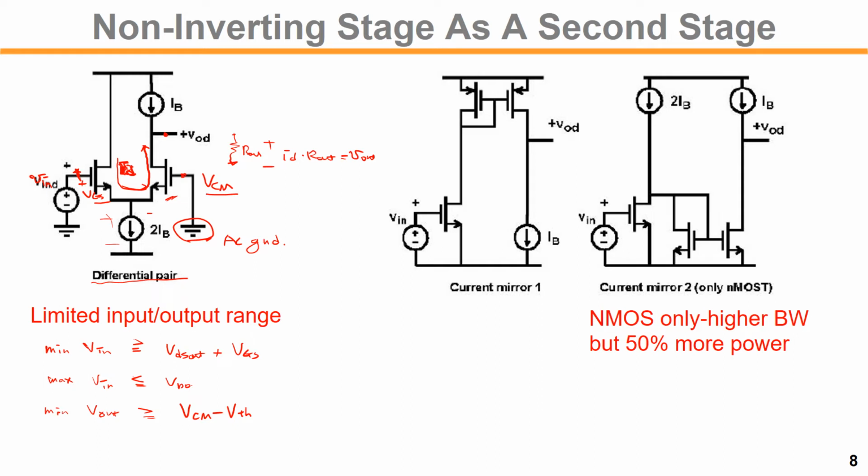And for the maximum Vout, it should be below VDD minus the VDSAT of the IB current source, right? This current source also requires a VDSAT drop. So that is the limited output range and input range.